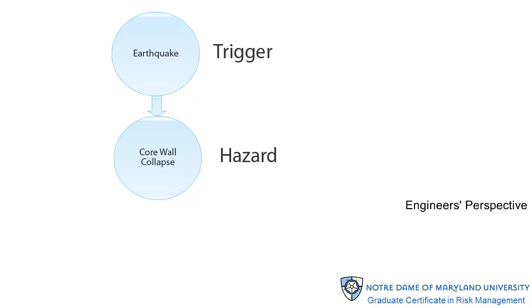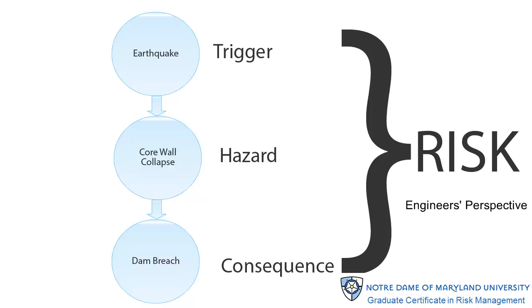Let's consider a risk from an engineer's perspective. The trigger is an earthquake. The hazard is seen as a core wall collapse, and the consequence is a dam breach. All of these components together, and the details of the story of how the earthquake leads to the dam breach, comprises the risk.